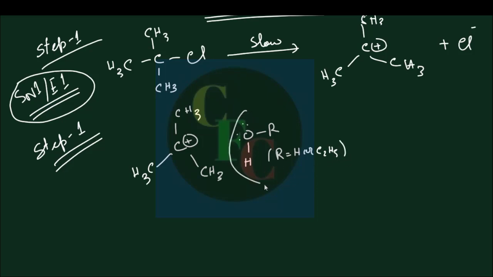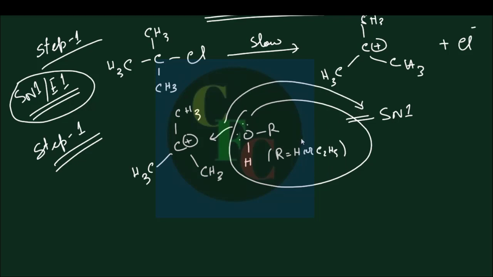If this molecule behaves as a nucleophile and attacks the carbon here, then you get the substitution product. But if this molecule, on the other hand, acts as a base and abstracts this proton here, then we get the E1 product, the elimination product, that is the alkene.